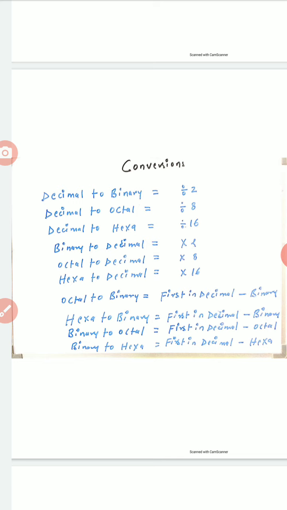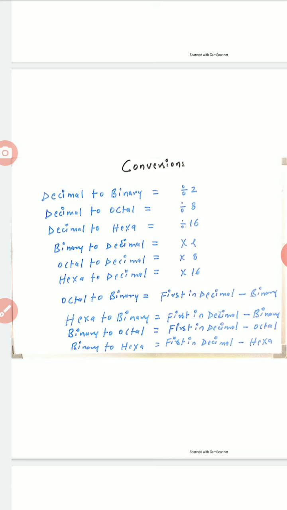If you are converting any number, suppose binary, octal or hexa, into the decimal number, then we need to multiply. Simple. Two things you need to remember: how to convert decimal to binary and binary to decimal. Suppose you are converting octal to binary and hexa to binary, or binary to octal or hexa, first we need to convert it into the decimal number, and converting decimal to binary and binary to decimal is very easy.